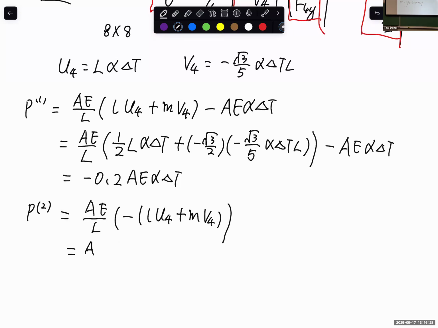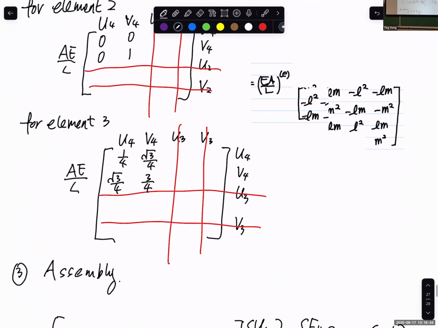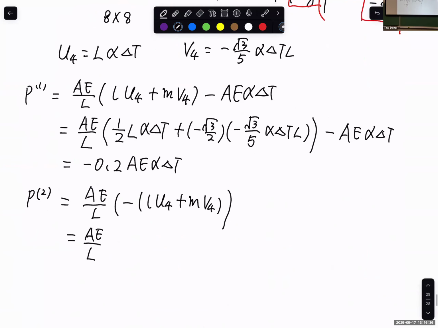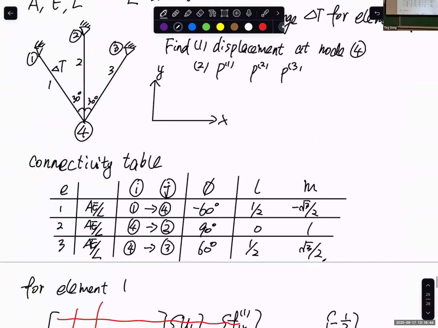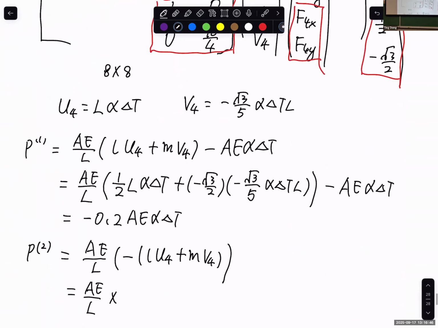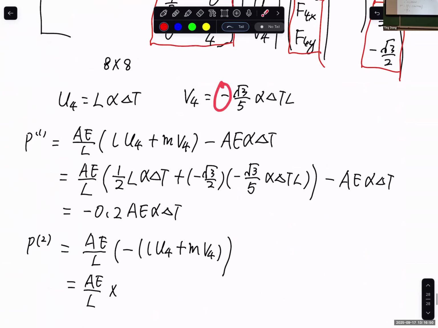So we have AE over L. For the L and M, L equal to 0, so we only have the M term, MV4. M equal to 1. Yes, M equal to 1. And there is a negative sign here and a negative sign here, so it becomes positive.